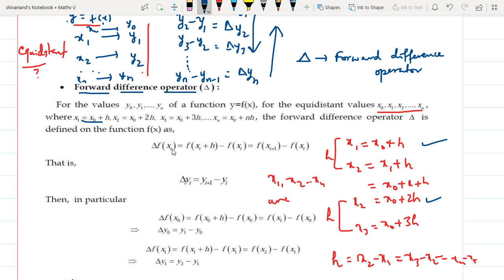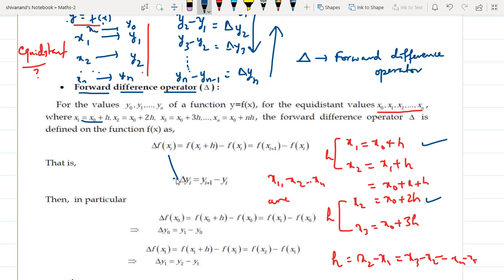The forward difference operator is defined by delta f of x1. For the first one, that is equal to f of x1 plus h minus f of x1. What is f of x1 plus h? x1 is x0 plus h, so this is x0 plus 2h. f of x0 plus 2h is something about x2.